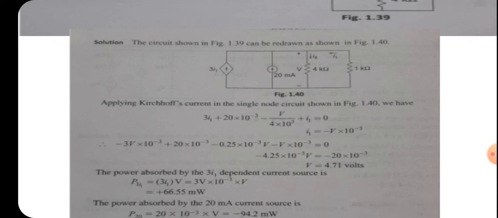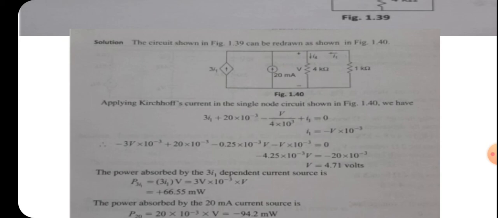Here I is given as 3 into I1 and voltage is V. So P 3I1 will be equal to 3I1 into V. What is 3I1? 3I1 is equal to 3 into V into 10 raised to minus 3, times V, that is equal to 66.55 milliwatt.